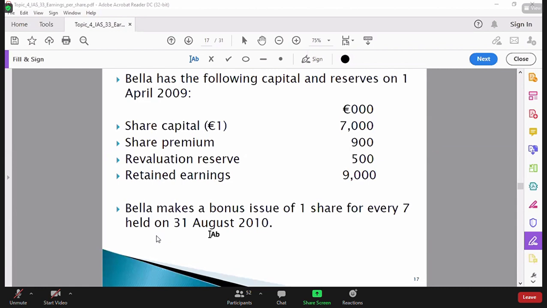Right? And because you have a bonus issue at 2011, you have to calculate the new restated EPS for 2010. You have 10.7 cents multiplied by how much then? 7/8. Why 7/8? 7 is the existing number of shares, and 8 is plus the bonus issue.